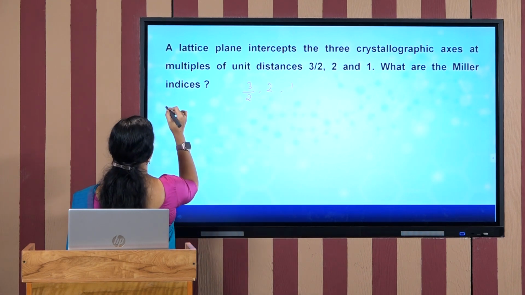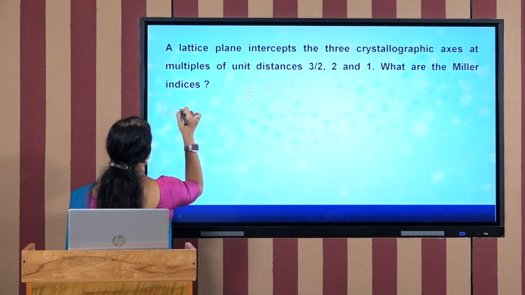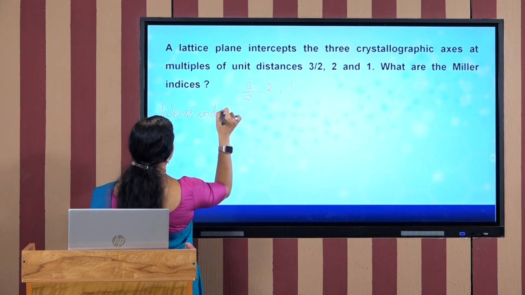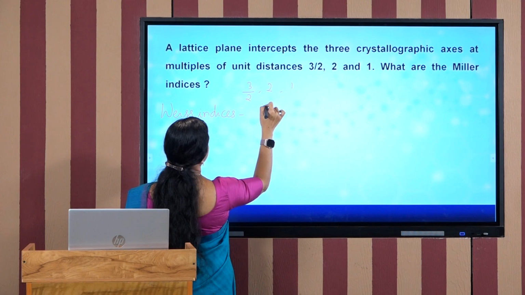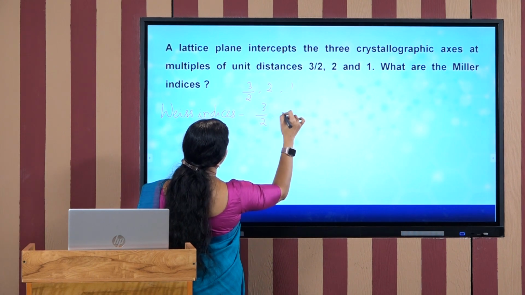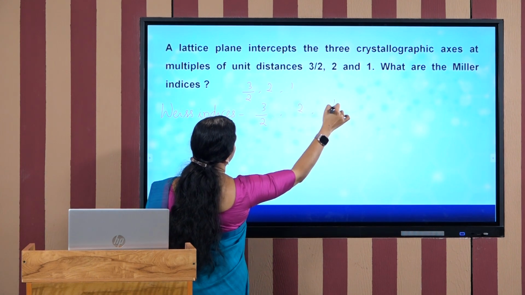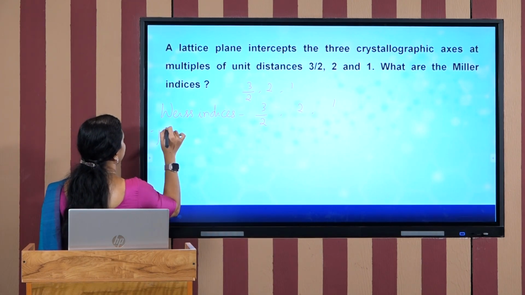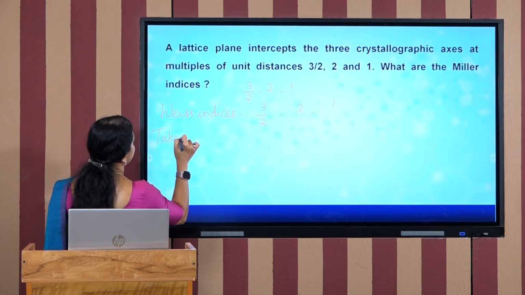As a first step we have to find the Weiss coefficients or Weiss indices. It is directly given, that is, we have 3 by 2, 2 and 1. Now, what is the next step? You have to take the reciprocals.